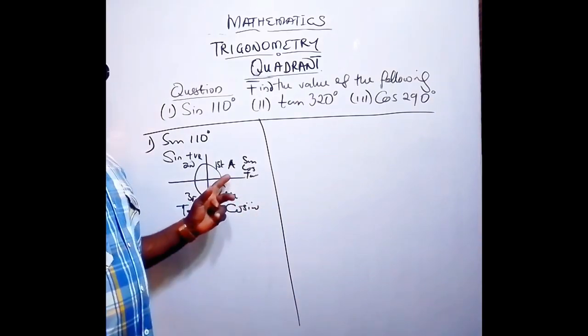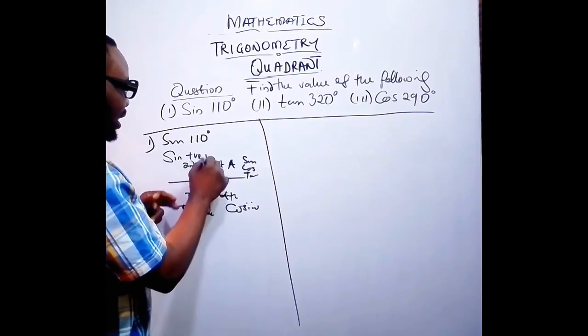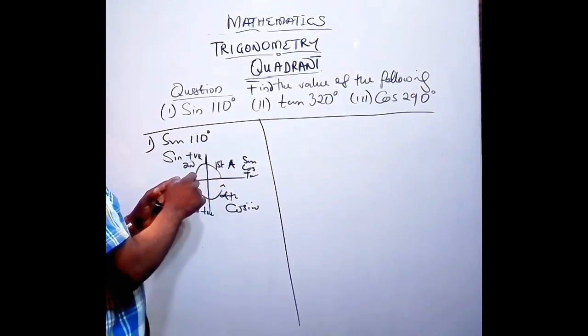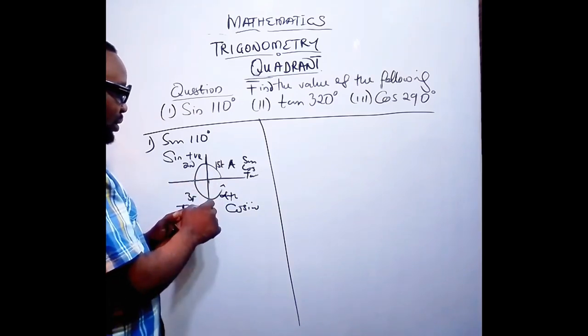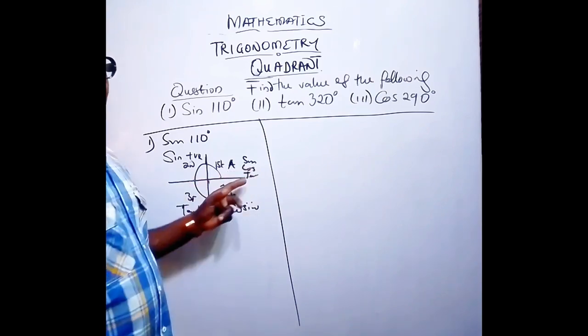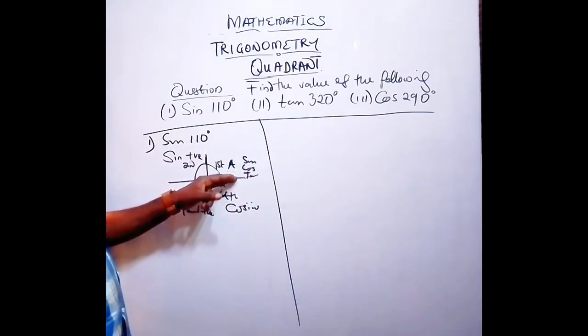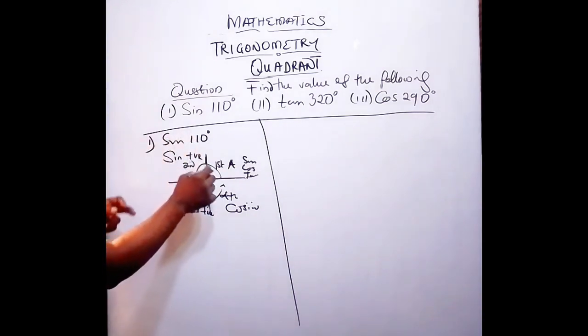positive sign. Now, from the first quadrant to here is 90 degree, while from here to here is 180 degree. From here to here is 270, and from here to here we are having 360, or 0 degree, where this is the starting point. Now, this one, where does it fall?